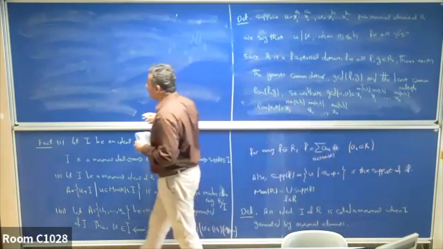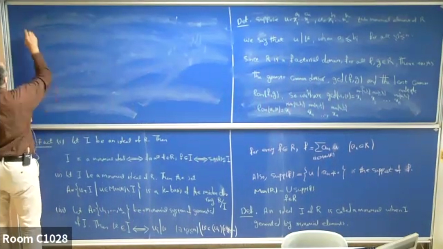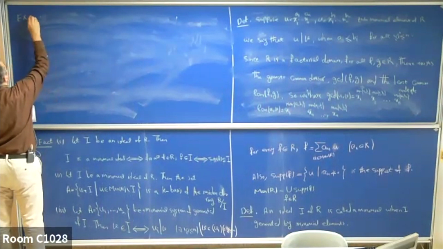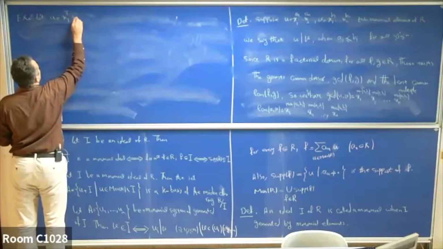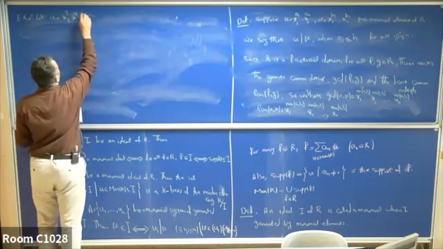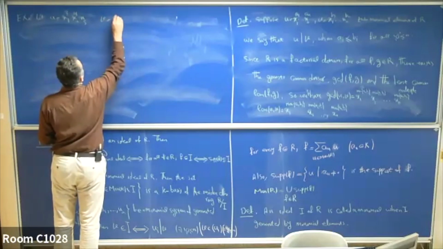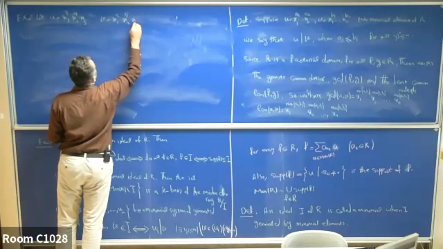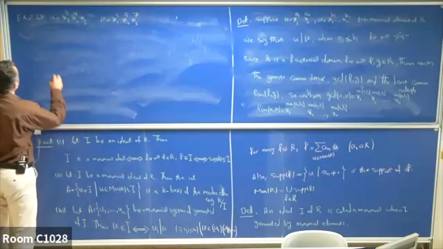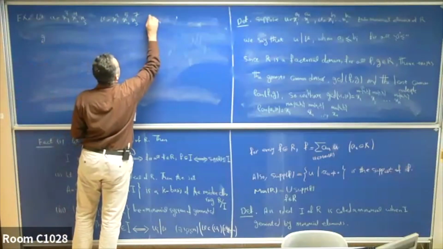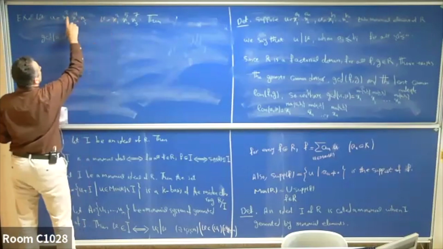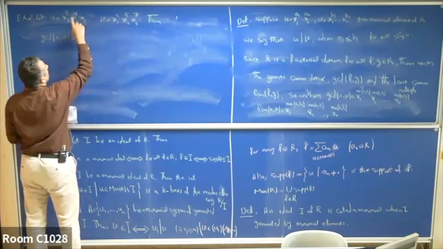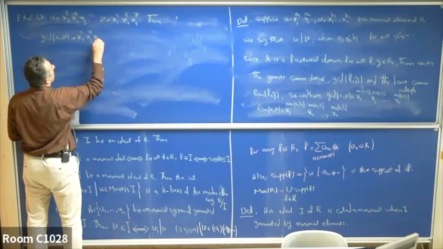Let's see an easy example. Let u be equal to x1^3 x2^4 x3^1, and v equal to x1^2 x2^5 x3^7, for example. Then the GCD of u and v is x1 to the minimum of 2 and 3, x2 to the minimum of 5 and 4, and x3 to the minimum of 7 and 1, which is 1.